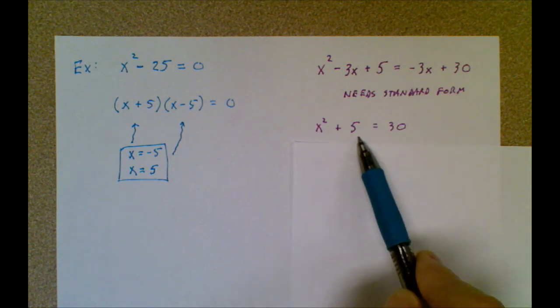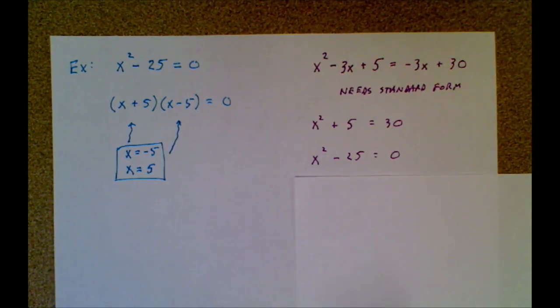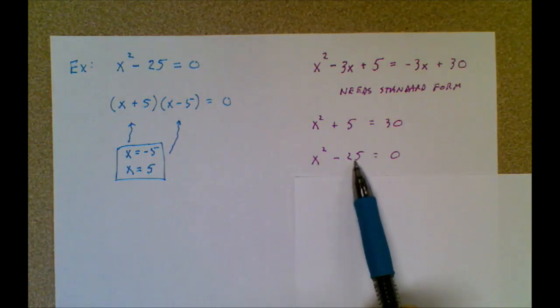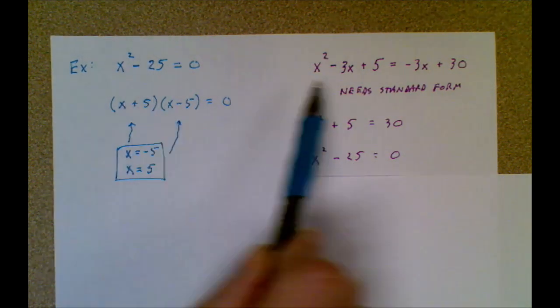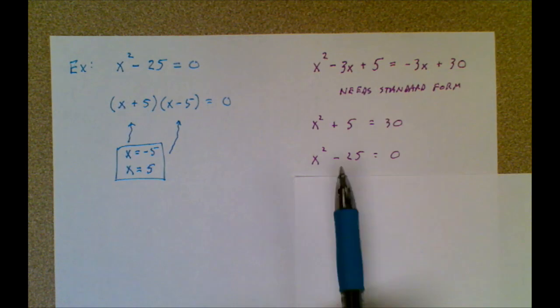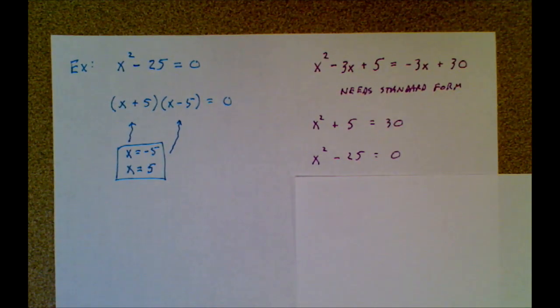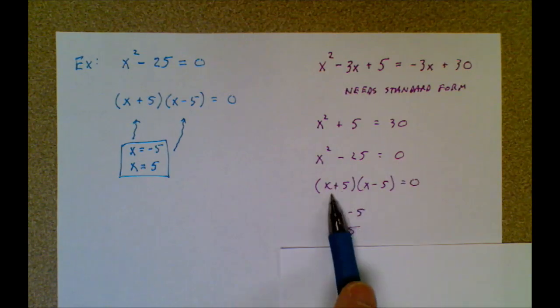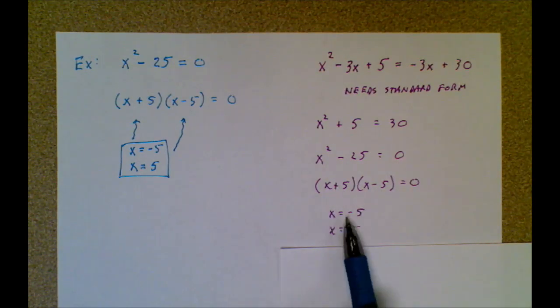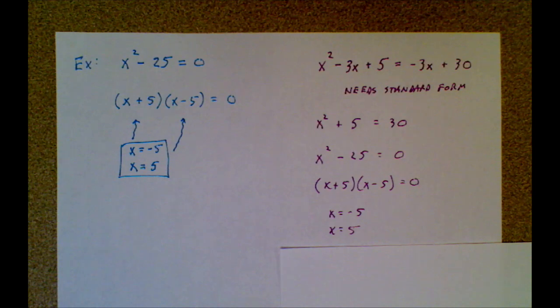If I move the 30 to the other side, I now have x squared minus 25 equals 0. That's standard form. It's ready to factor. So this same problem could have looked like that, and it would have been your job to turn it into standard form. Once you have it in standard form, factor, set equal to 0, eyeball the 2 answers.